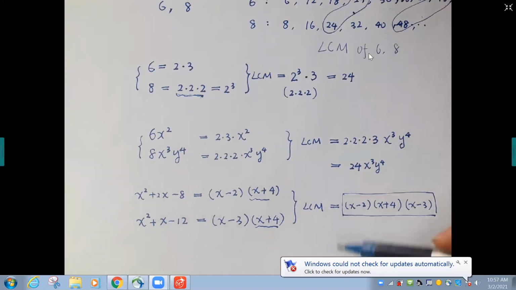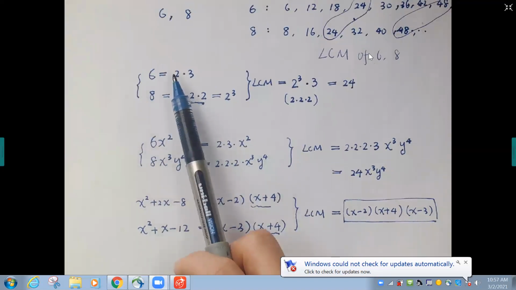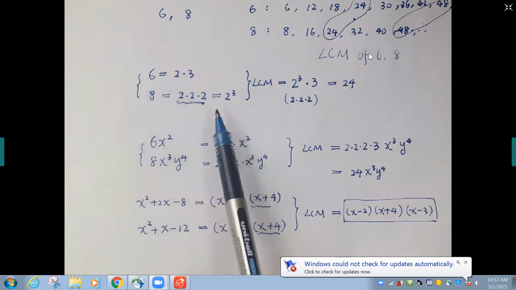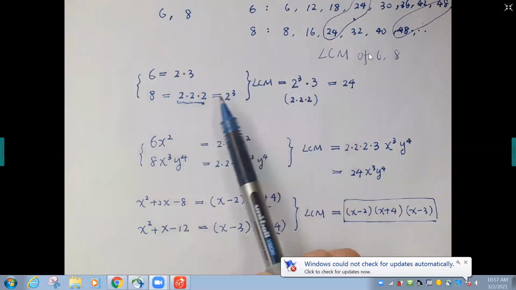And now let's look back. When we are looking for the least common multiples, we start with the easiest case, the numbers only. What do we do? Factor each number completely, and then use every factor the maximum times it appears in each factorization.